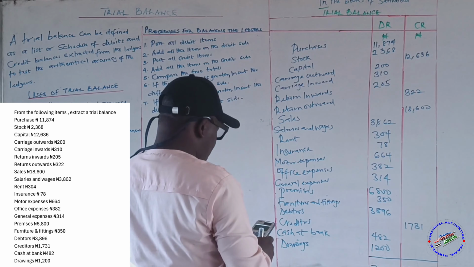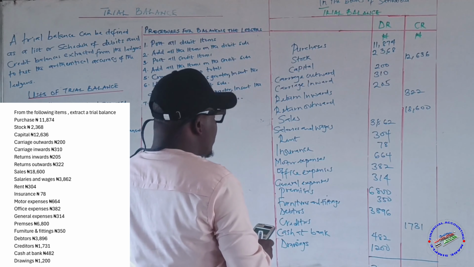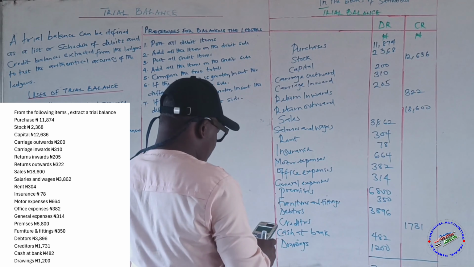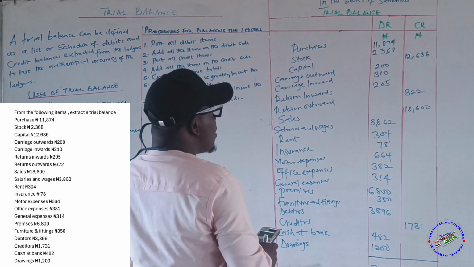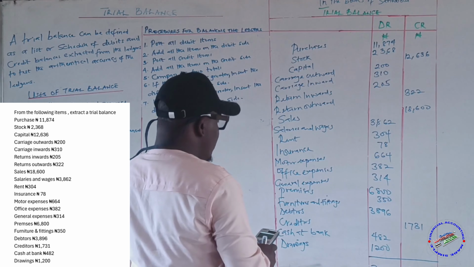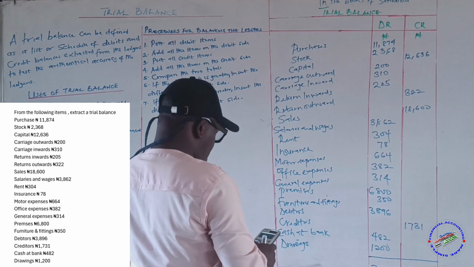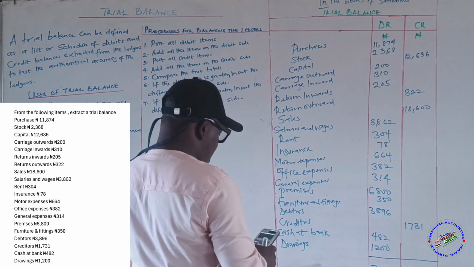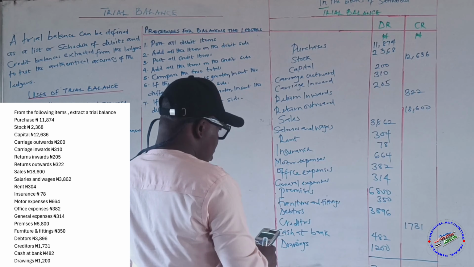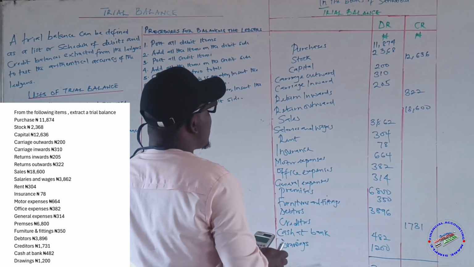So I'll need to recast my credit side to confirm if the totals are the same. 12,636 plus 322 plus 18,600 plus 1,731 gives 33,289.